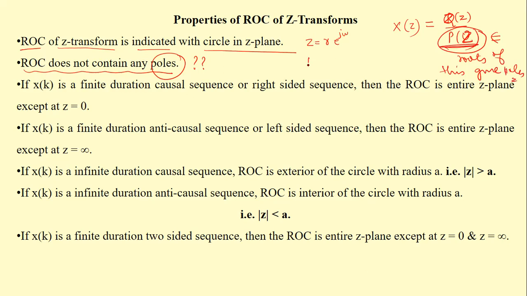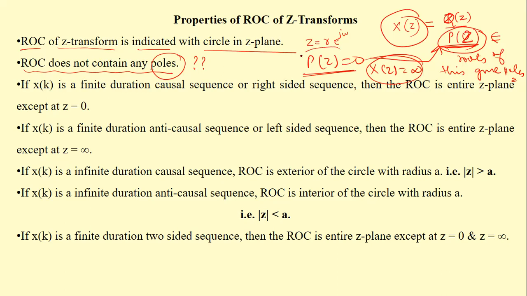The poles are obtained if we put P(z) is equal to 0. If P(z) is equal to 0, then X(z) is equal to infinity. So in the region of convergence, what are we saying? We are saying that the given sequence must have a finite answer. It should converge, but here X(z) has diverged, it has become infinity. So that is why we say that the region of convergence will not have any pole.